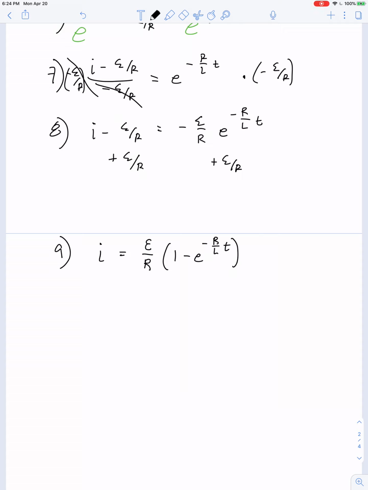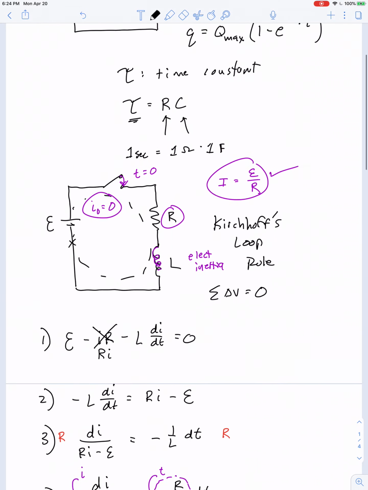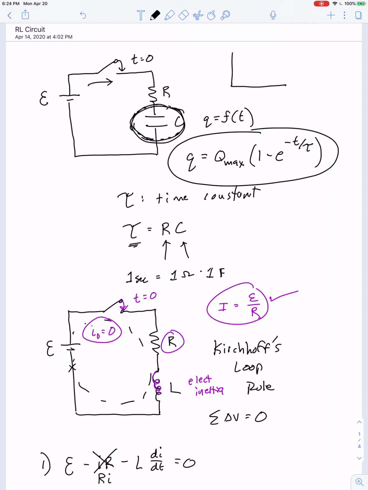This should all seem familiar. This is very much like the derivation we had for the RC circuit. It's just that in the RC circuit, we found that the charge on the capacitor gradually grows with time. So if time t equals 0 is the moment you drop the switch, then the charge doesn't instantly build up on the capacitor. It takes time for the charge to build up.